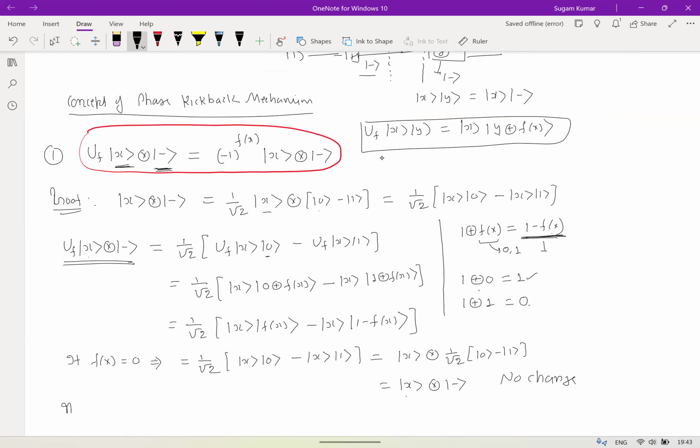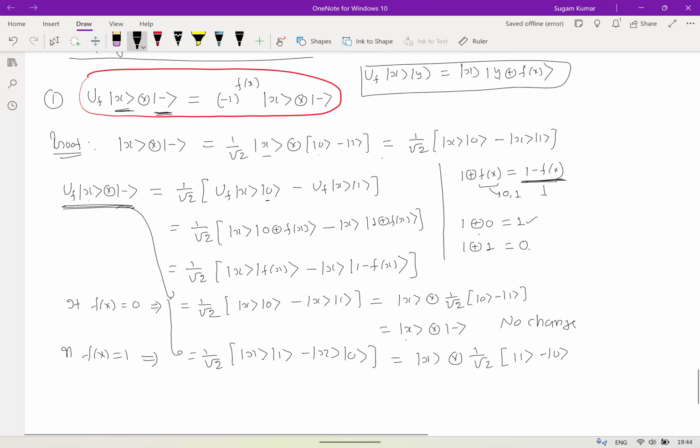Now look, if fx is 1, in that situation, the output will become 1 by root 2, and this is going to be x, and this is going to be 1, minus x, and this is going to be 0, which can be written as, I can take x common out, and tensor product, this is going to be 1 by root 2 and 1 minus 0.